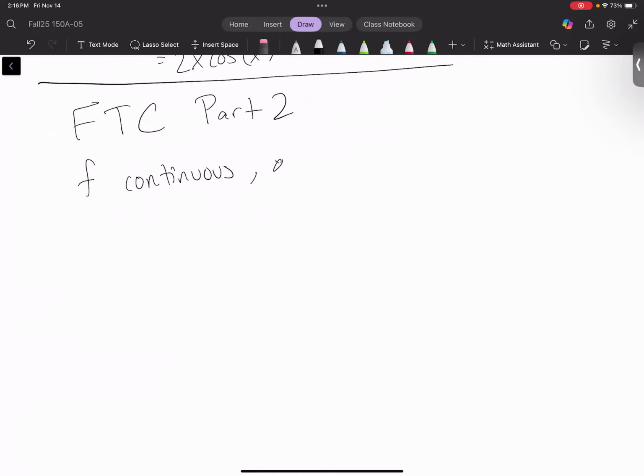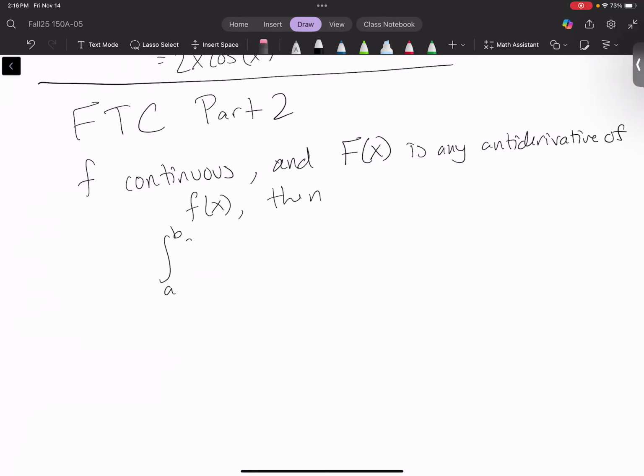And capital F is any antiderivative of f of x. Then the integral, okay, this is how it's going to help us find integrals now. What we do is we plug in the bounds to the antiderivative. So I get capital F of b minus capital F of a.